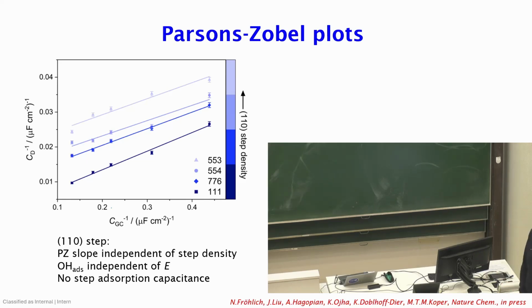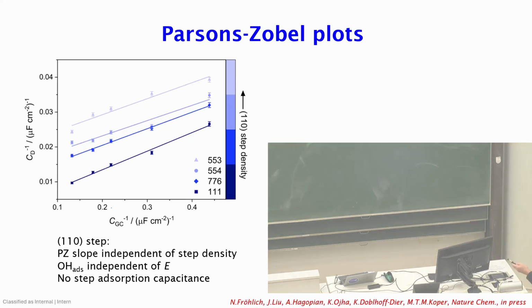And in my mind, that suggests that presumably there's an adsorbate sitting there, but the coverage of that adsorbate does not change with potential, hence does not generate any pseudo-capacitance. It's just sitting there, and it doesn't change with potential, and so it doesn't have a contribution to the capacitance or the differential capacitance that we measure. And that's why there's no step adsorption capacitance.